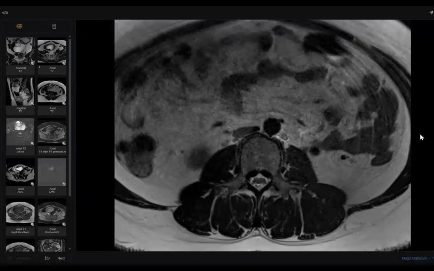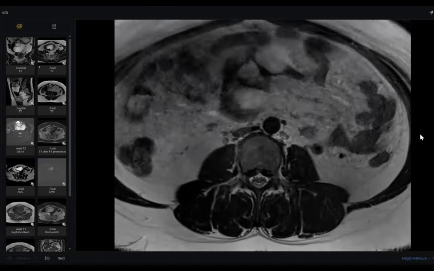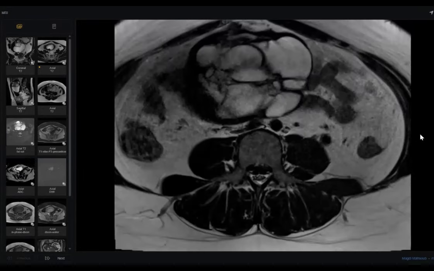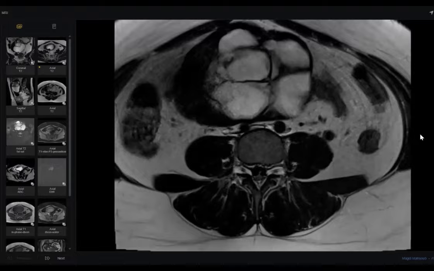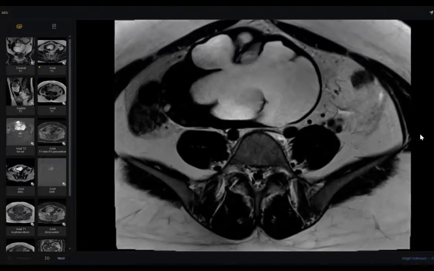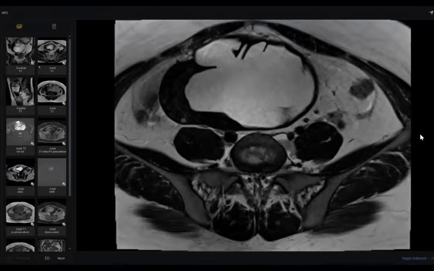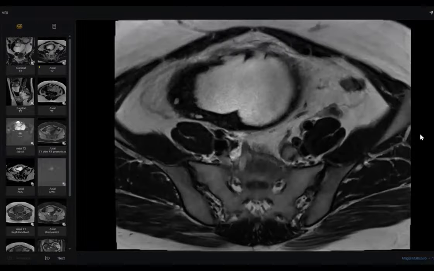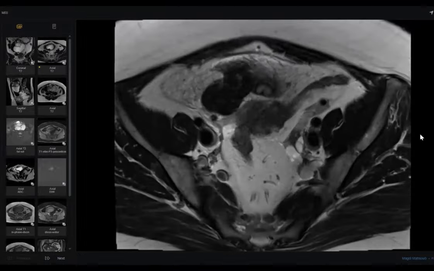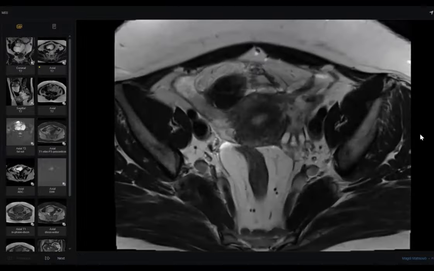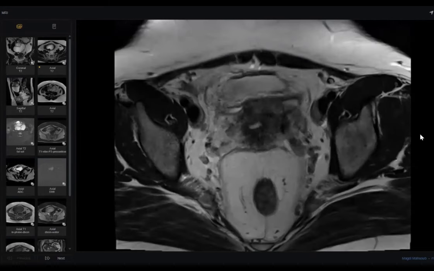Patient with severe pelvic pain. I have been provided with multi-sequence, multi-planar MRI of a female patient who presented with severe lower abdominal pain. I'll be scrolling through the given stack of images, which are T2 axial.